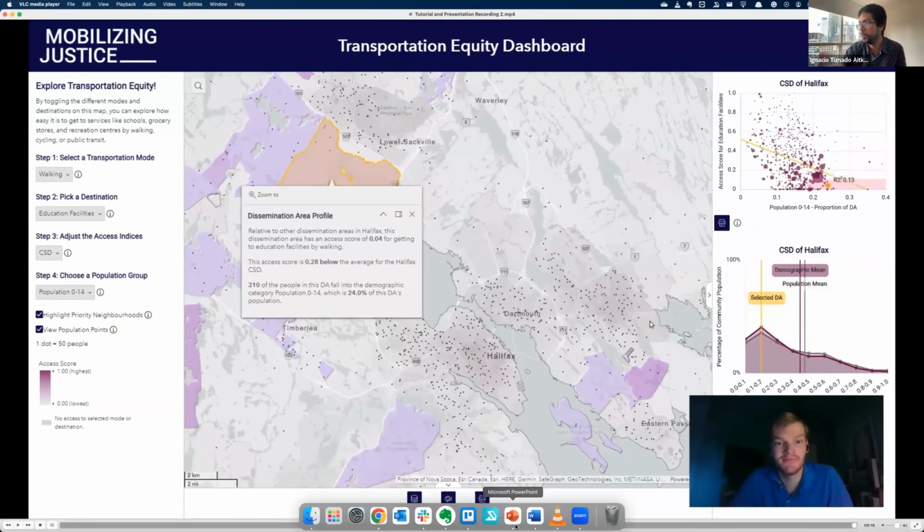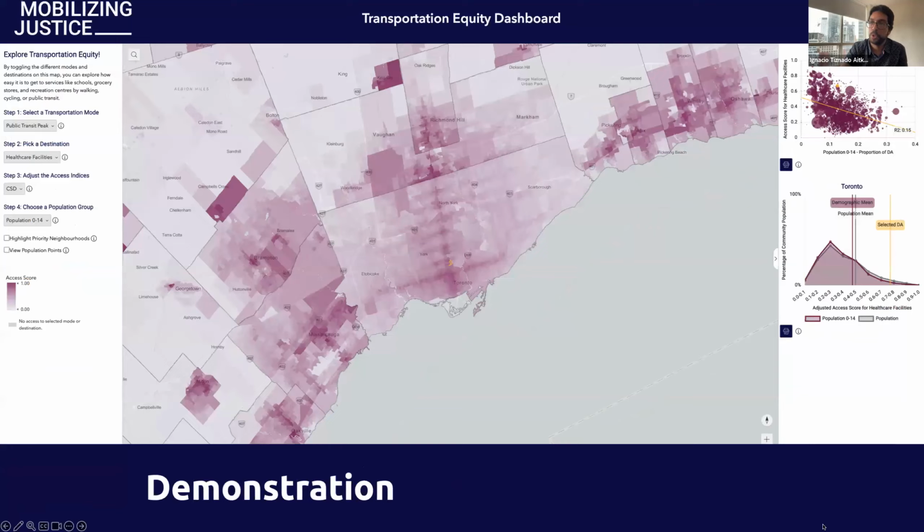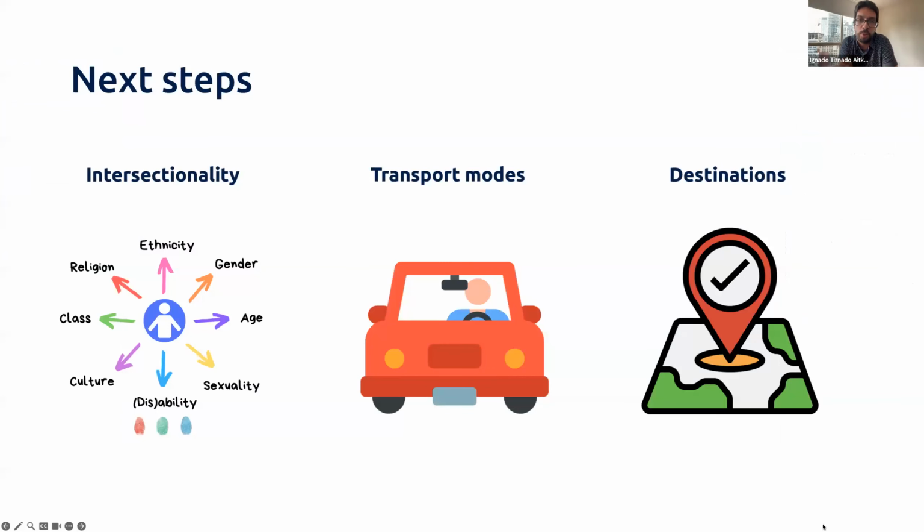All right. So after that demo, I just want to come back to the presentation. Just to let you know that we are conscious that this is a first version of the dashboard and therefore can be improved over time.